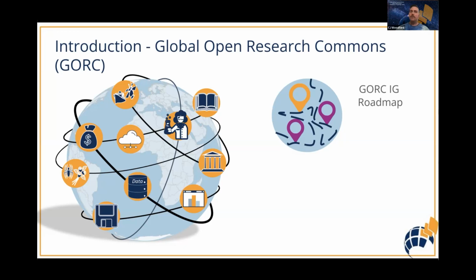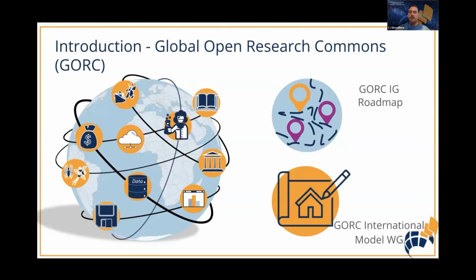And I think a lot of folks that work in research infrastructures like repositories, even institutional repositories, service platforms, and so on, would kind of see themselves reflected in that definition. The working group, on the other hand, operates under the umbrella of the interest group. And the goal was to recommend a model for attributes of global research commons that allows researchers, developers, policymakers, and funders to coordinate resources and create roadmaps for international interoperability.